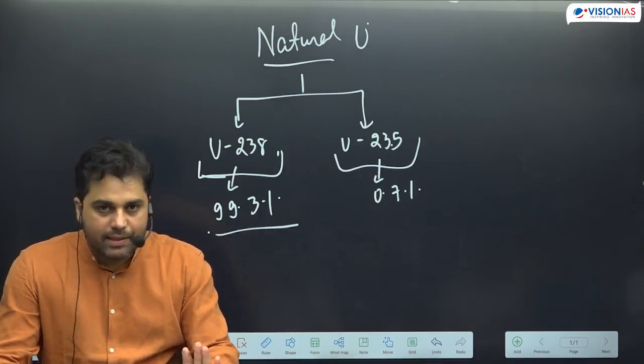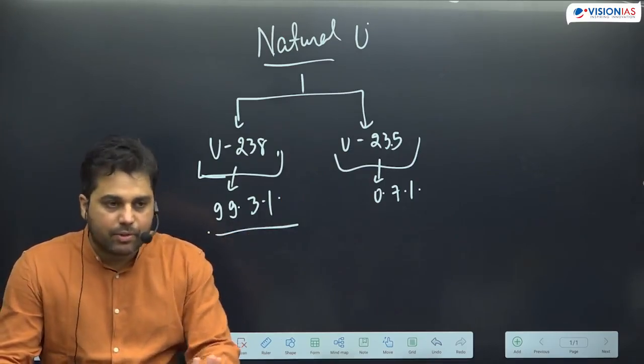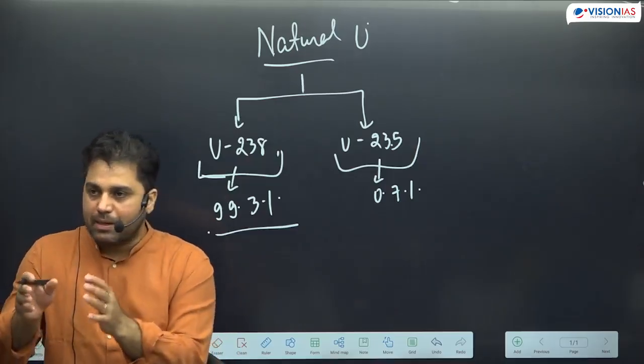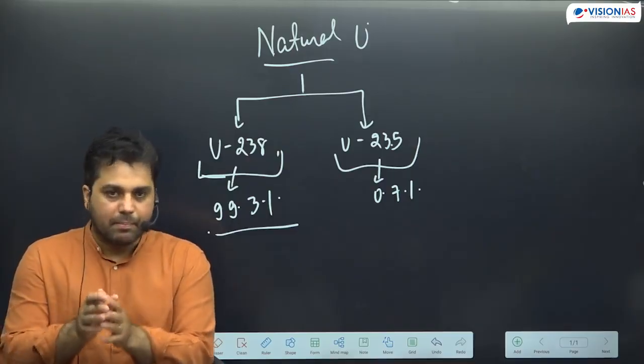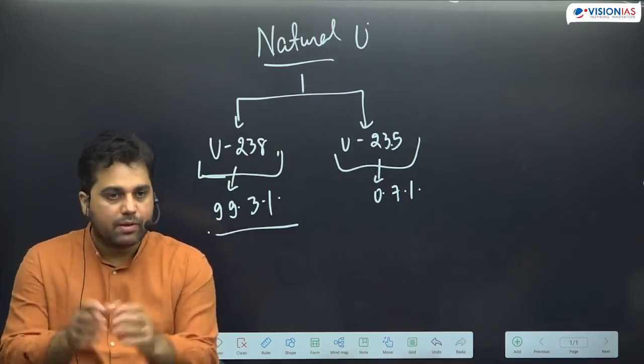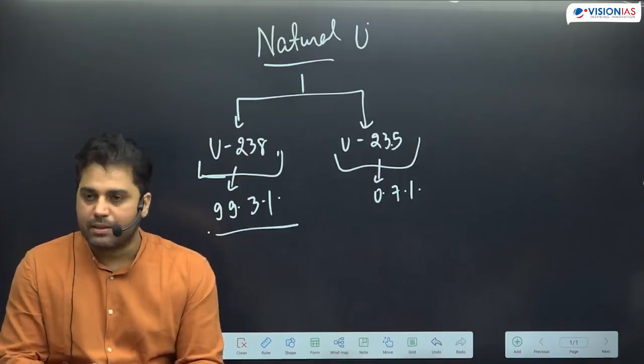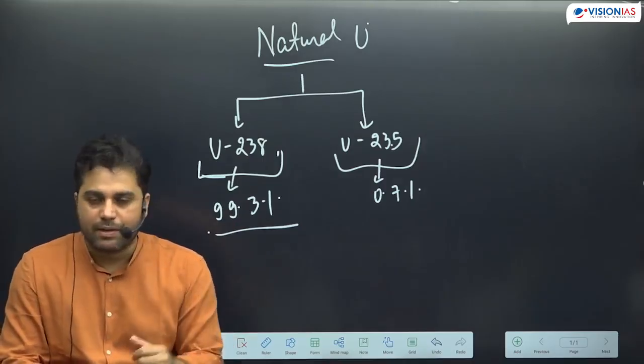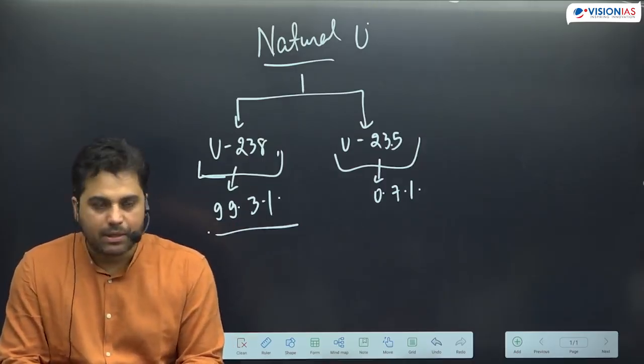Saying this is much easier, but doing this is much more difficult, because now we have to separate between isotopes. Separating two different chemicals or elements is easier; there are so many physical or chemical methods.